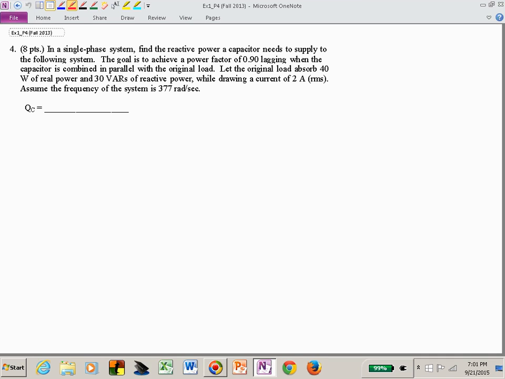So you're going to have a positive Q. The original load absorbs 40 watts of real power, and so let me say power of the load is now 40 plus J 30. S, that's of the load.